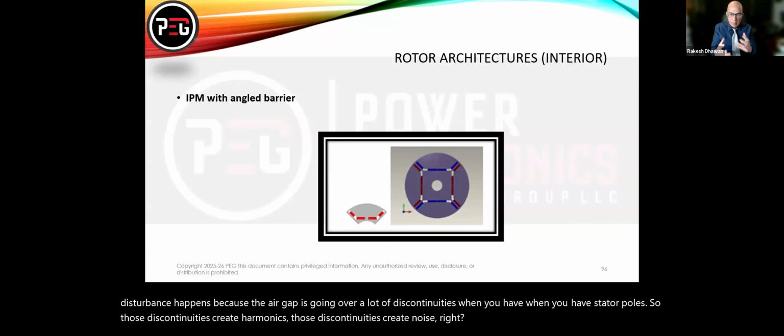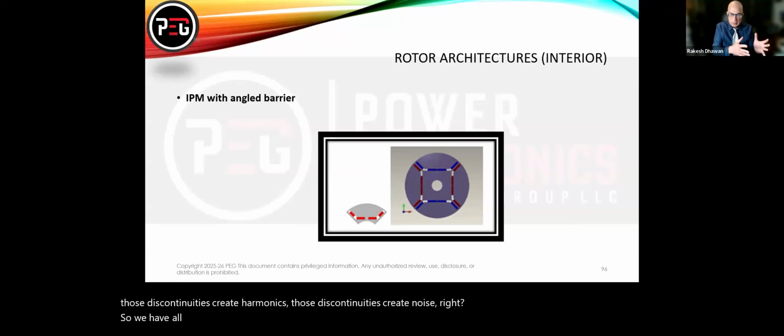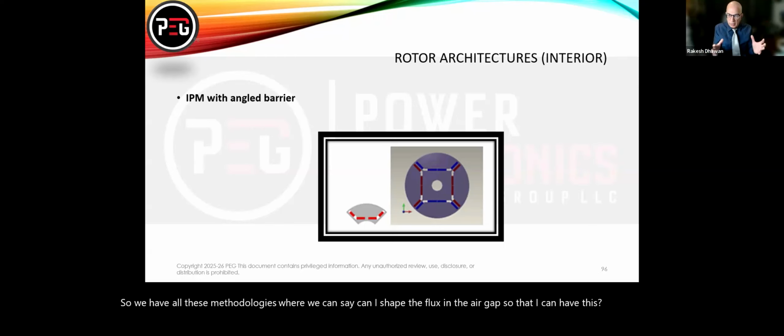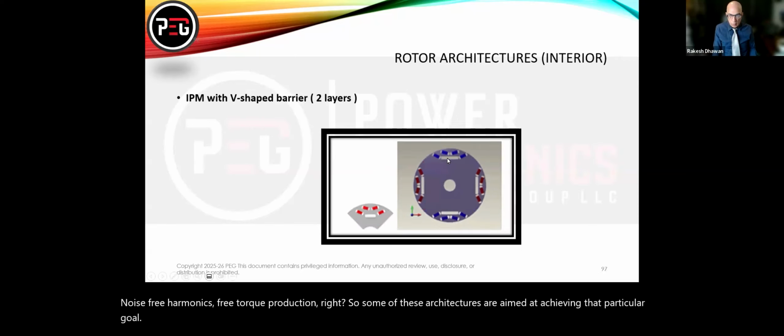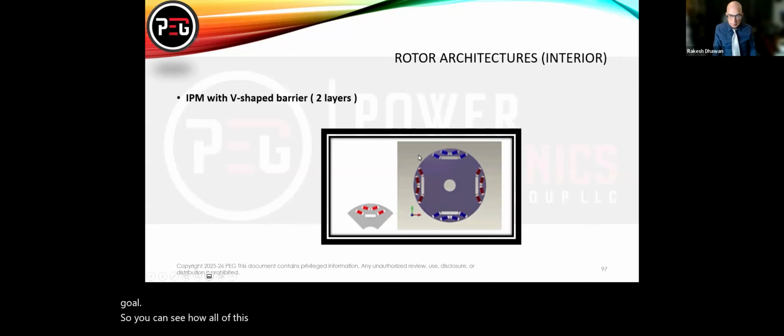So we have all these methodologies where we can say, can I shape the flux in the air gap so that I can have this noise-free, harmonics-free torque production, right? So some of these architectures are aimed at achieving that particular goal. So you can see how all of this is an attempt to shape the flux density in the air gap.